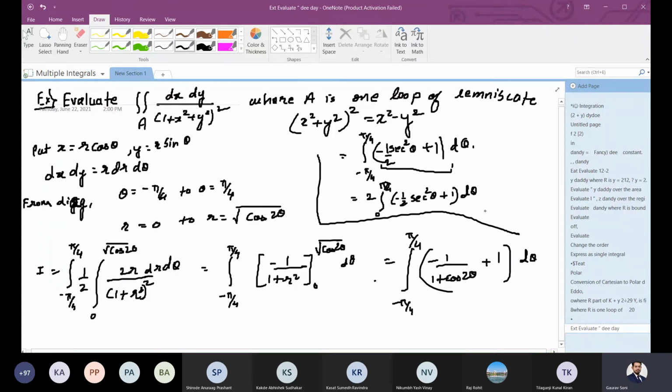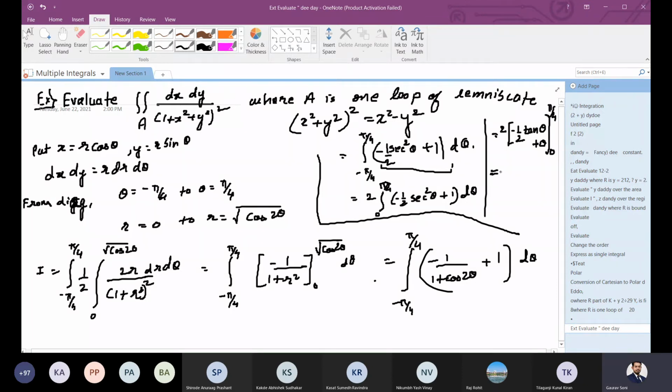So the integration: two times, in bracket, minus 1 by 2, integration of sec square theta is tan theta, plus theta, from 0 to pi by 4.